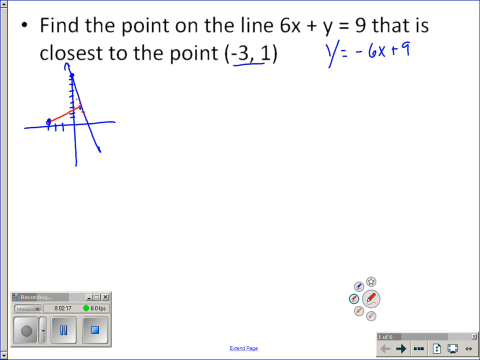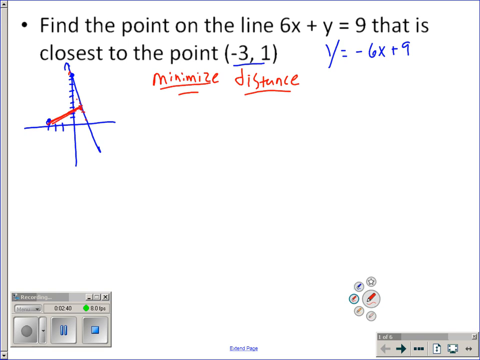Where is that point? So what we're trying to do is minimize the distance between that point and a point on my curve. It's not going to be up here. It's going to be somewhere down right here. That's the shortest line drawn there.